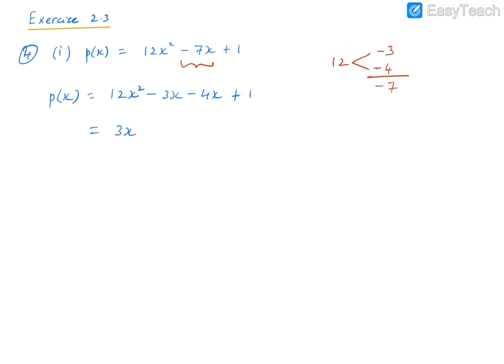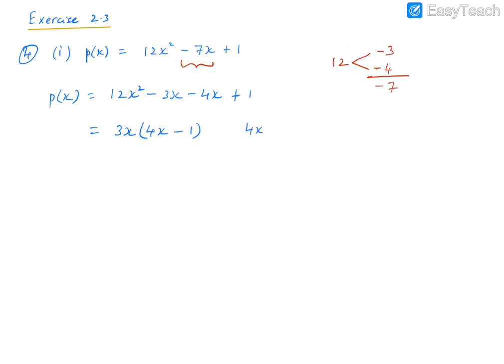We can take 3x as the common term, and 3x with what factor do we multiply to get 12x squared? That should be 4x. 3x into 4x, 3 into 4 is 12, x into x is x squared, so we get 12x squared. And 3x into minus 1 is minus 3x. So we now have the term inside the bracket as 4x minus 1.